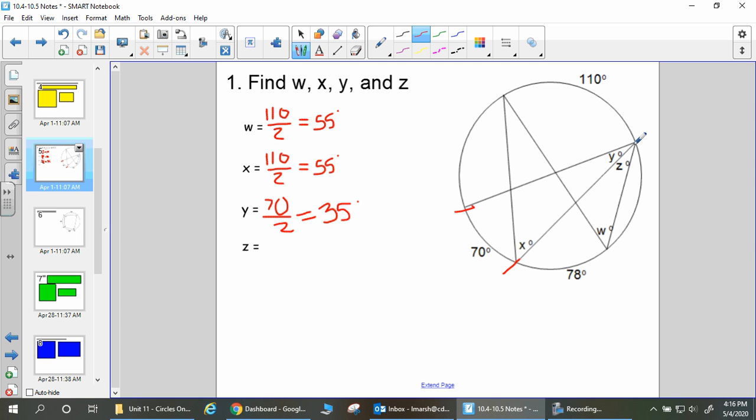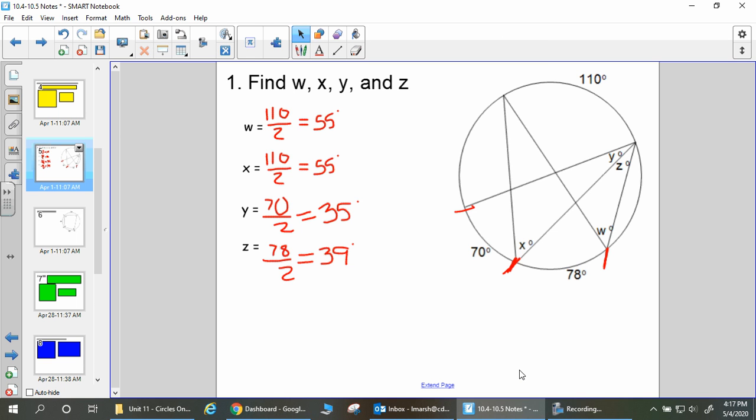And then angle Z is here. It's going to come out actually at this same point, but the other side is going to come out here. And so Z is this 78-degree angle, or arc, excuse me. And so half of that arc would be 39 degrees.